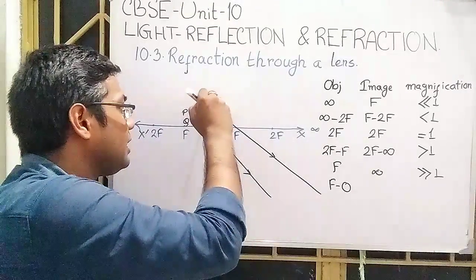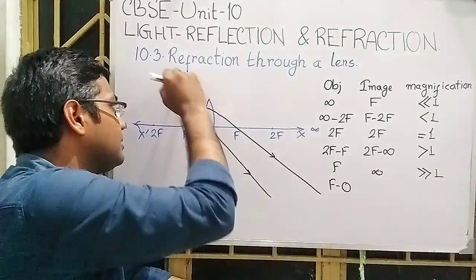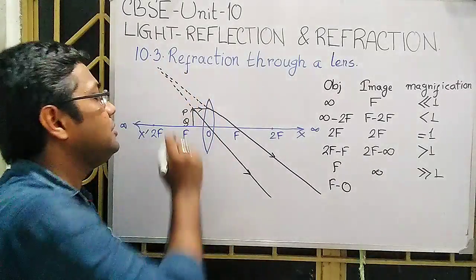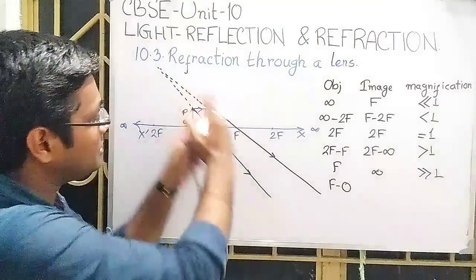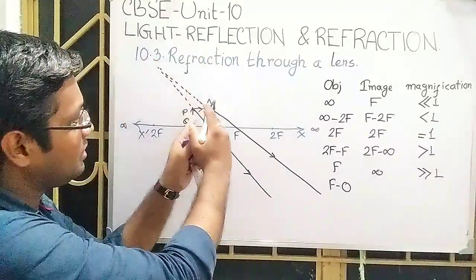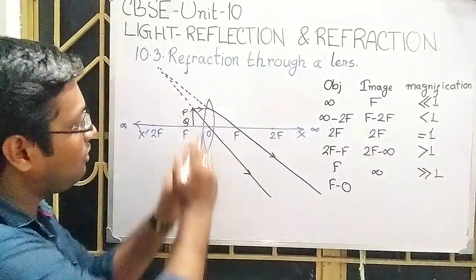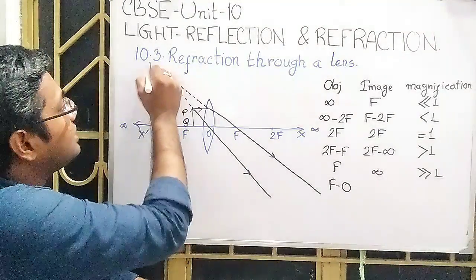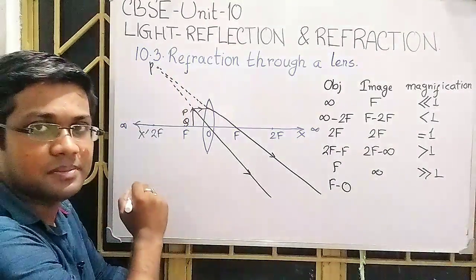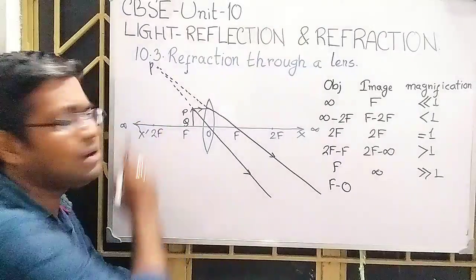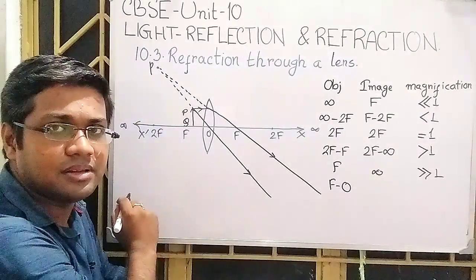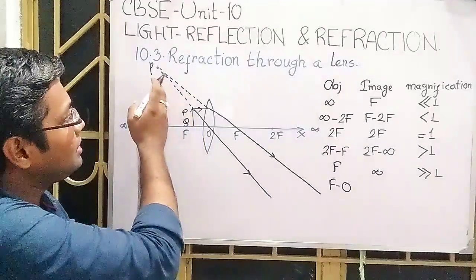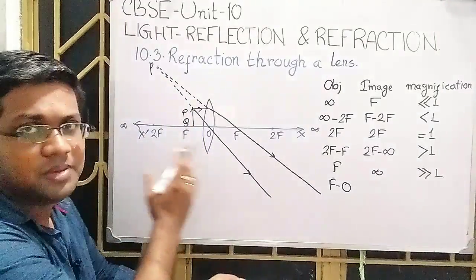But if we draw like this, what am I doing? Just extending it backwards, behind the lens, on the object side. Then they will meet somewhere here, but the rays are not actually meeting there. So we can say the image that is obtained can't be a real image.